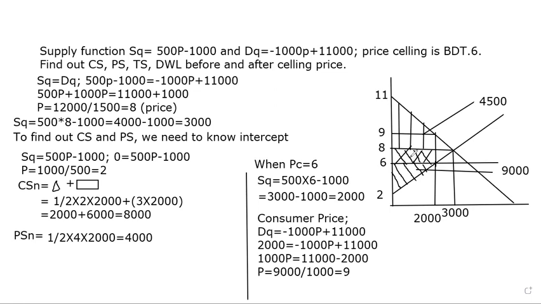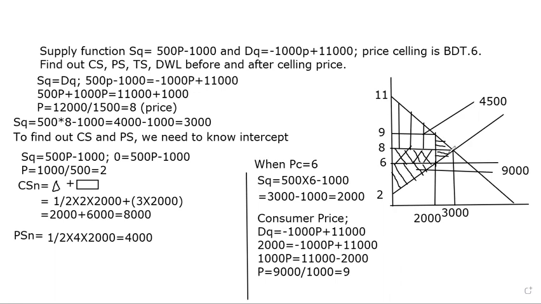First of all, it was only for consumer surplus, producer surplus. Now it's going for producer surplus. That's why we give a cross mark. And only this area is producer, but we have this area. This is under deadweight loss.